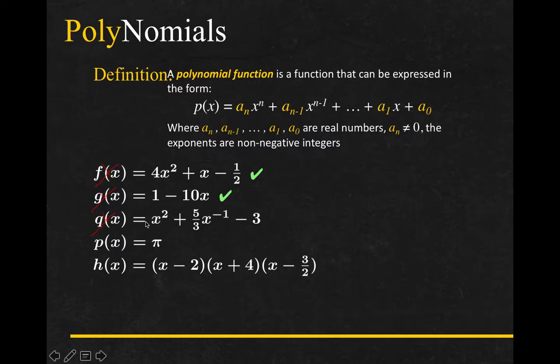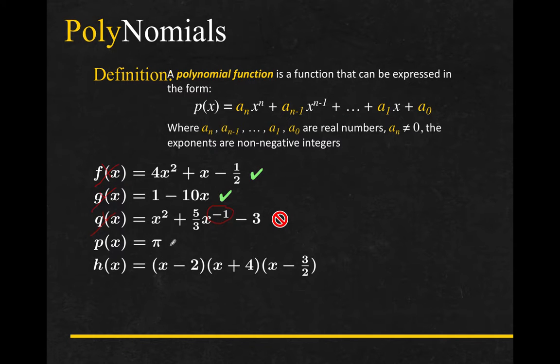This one, y equals x squared plus 5 over 3x to the power of negative 1 minus 3, is not a polynomial function because of that negative 1 exponent. Because we have that negative 1 exponent, that makes it right away not a polynomial function.